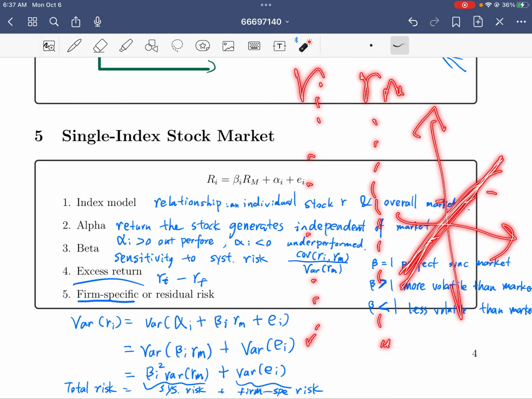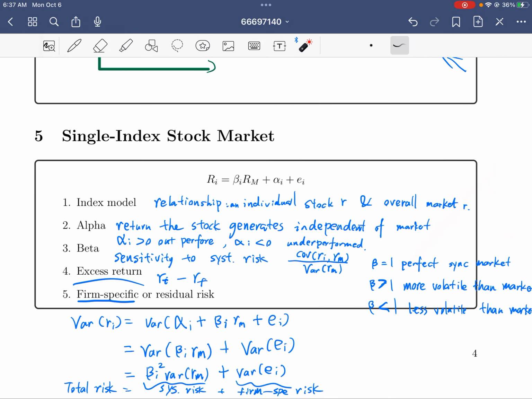Then we can find the linear relationship between stock and market. We looked at the regression table during class. You need to know which one is alpha and which one is beta.